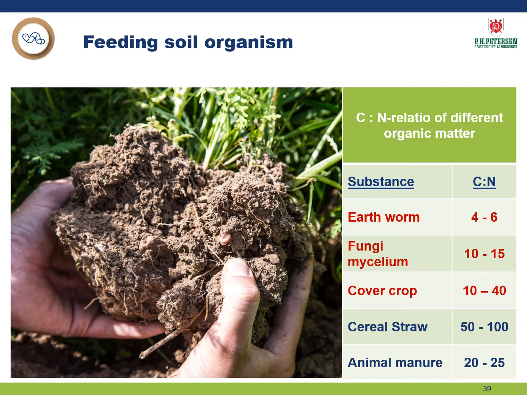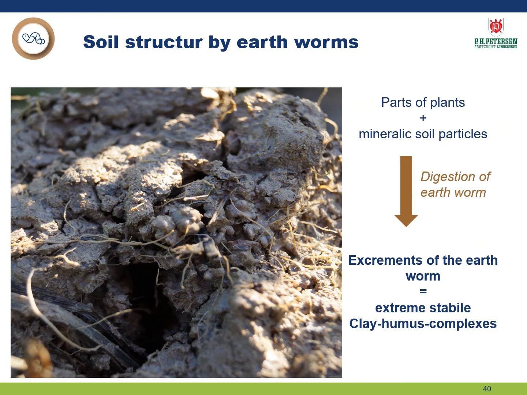Thus the cover crop is like a dessert after harvesting the main crop for the soil organism. Parts of the plant and soil particles by digestion of the earthworm make very stable clay-humus complexes.